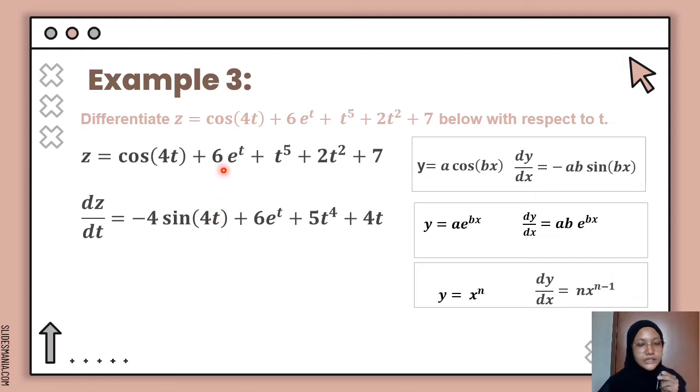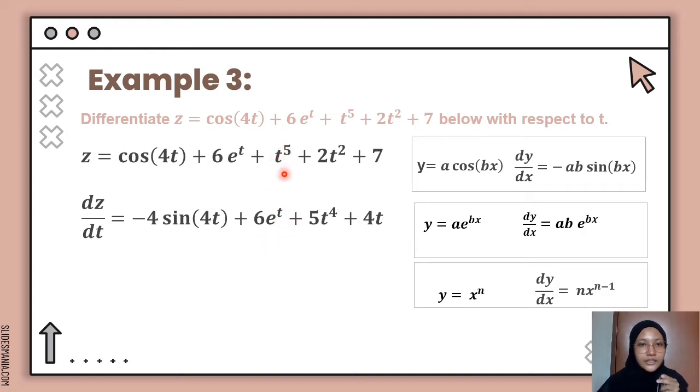Okay, we move to the next part, which is 6e to the power of t. We will use this formula, y equals ae to the power of bx. a equals 6, b equals 1, and x equals t. And for the derivative we get ab e to the power of bx. So the derivative is equal to 6e to the power of t.